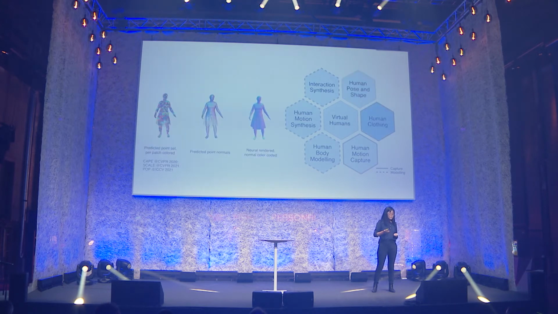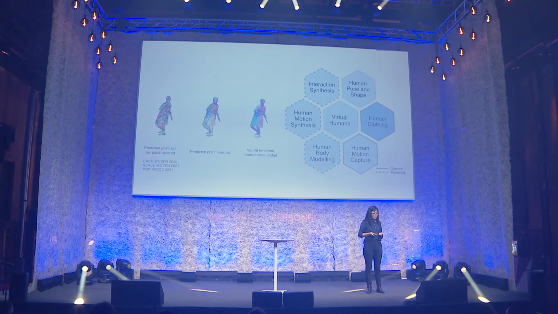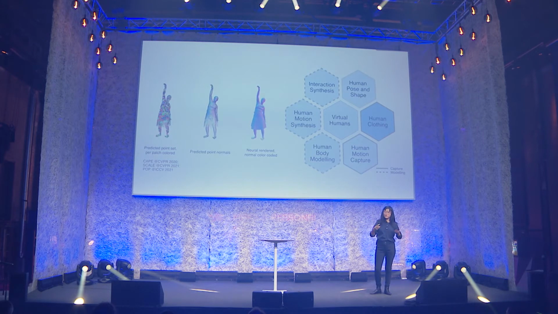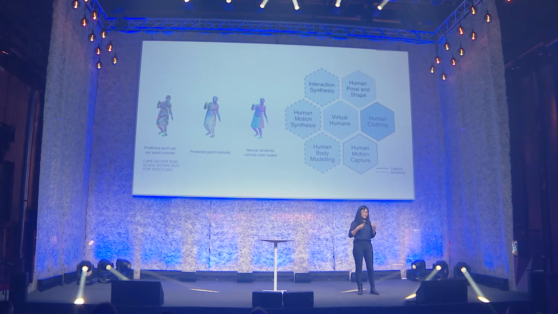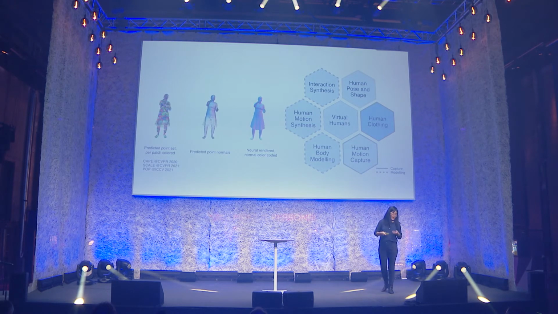our model. The second direction we have been working on is human clothing capture and modeling. We want to build virtual humans that look like real humans, right? A very important aspect of humans is clothing. When the human moves, the clothing deformation should be really accurate in order to make the virtual human look like a real one.